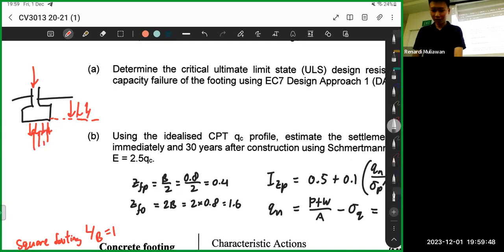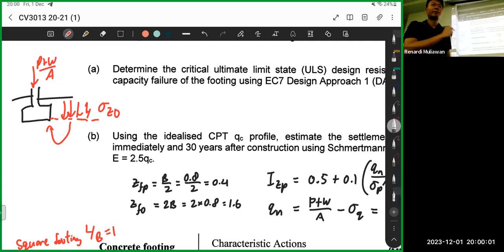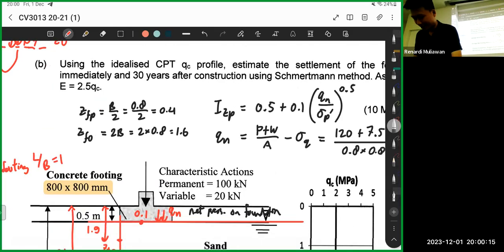That's why it's P plus W divided by A, minus gamma Z0, the soil pushing back. That's the net bearing pressure. So that's the weight of the foundation plus the load, then the weight of the soil around the foundation.